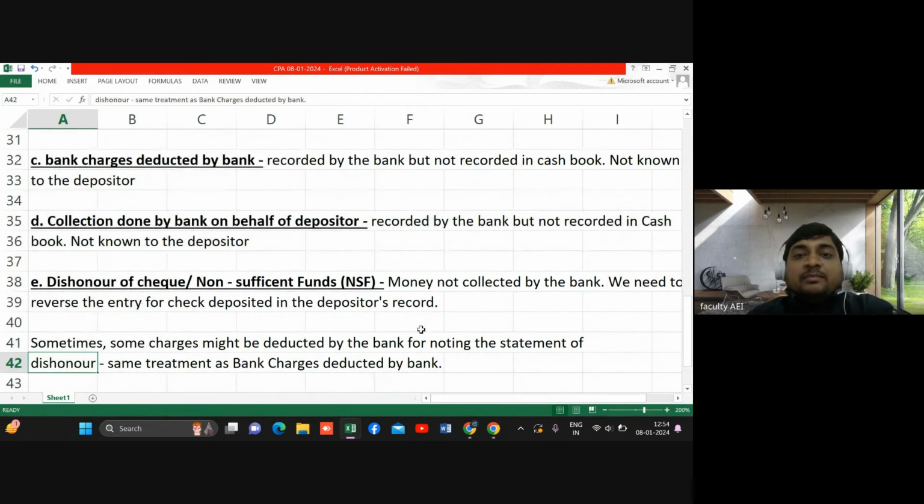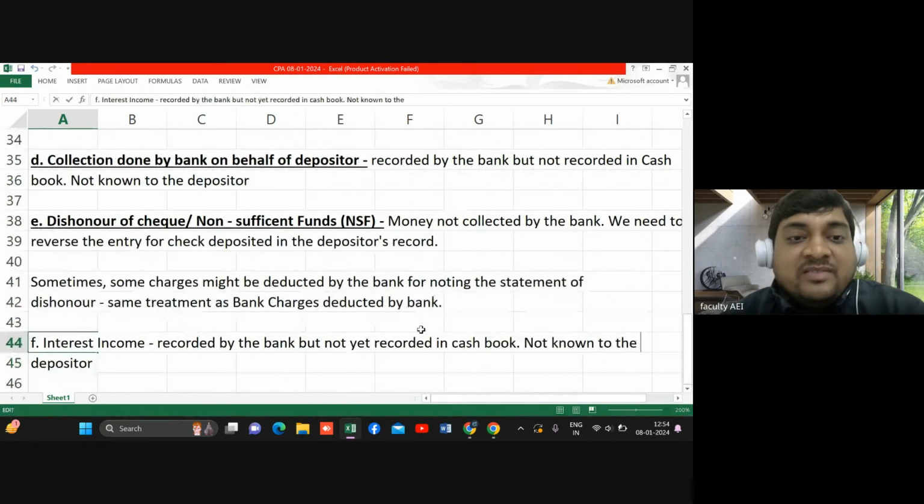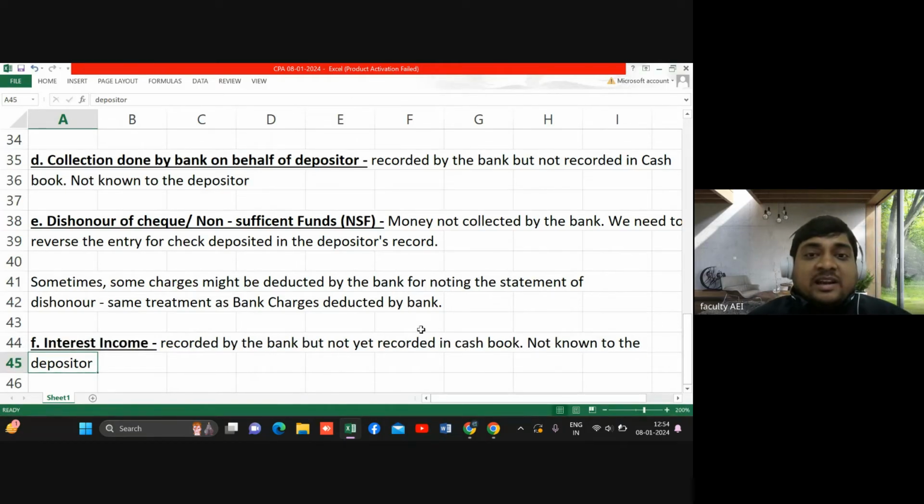Sometimes some charges might be deducted by the bank for noting the statement of dishonor. Same treatment as bank charges deducted by the bank. Then we have interest income. Like bank charges, this is also one thing which I will not come to know before I update the statement or get the bank statement. So again, this is recorded by the bank, but not yet recorded in the cash book.